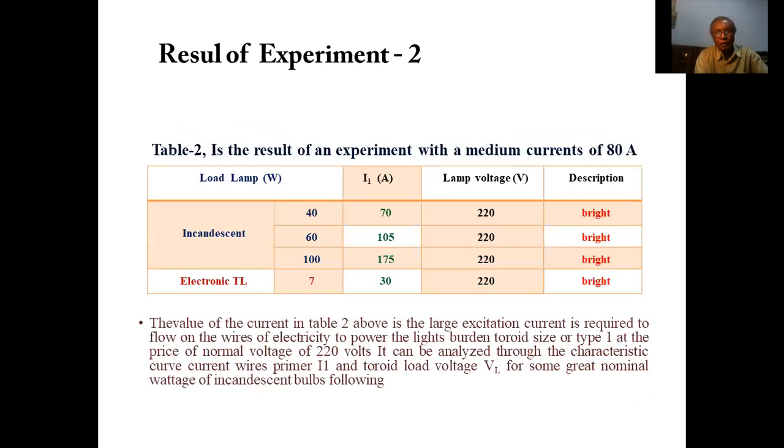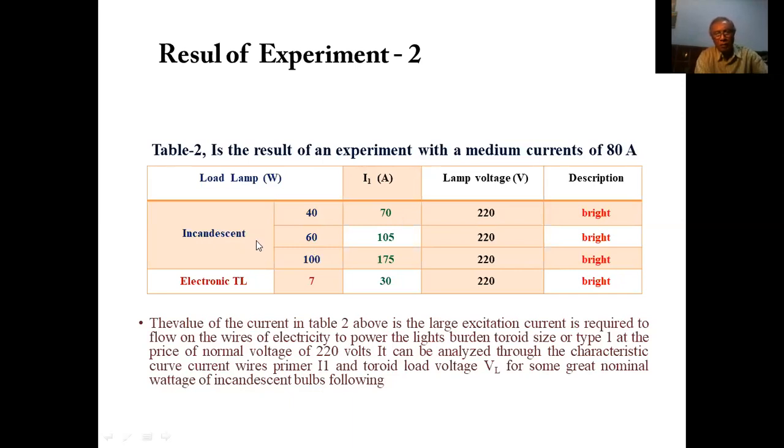And result of experiment 2. In table 2, you can see how to light the lamp at the voltage of 220 volt. For the incandescent lamp 40 watts, use current flow in the power line of 70 amperes.